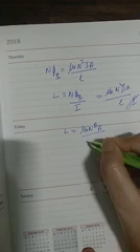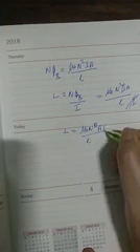So mu naught N square I A divided by L, divided by I, the I gets cancelled. So L equals mu naught N square A by L.